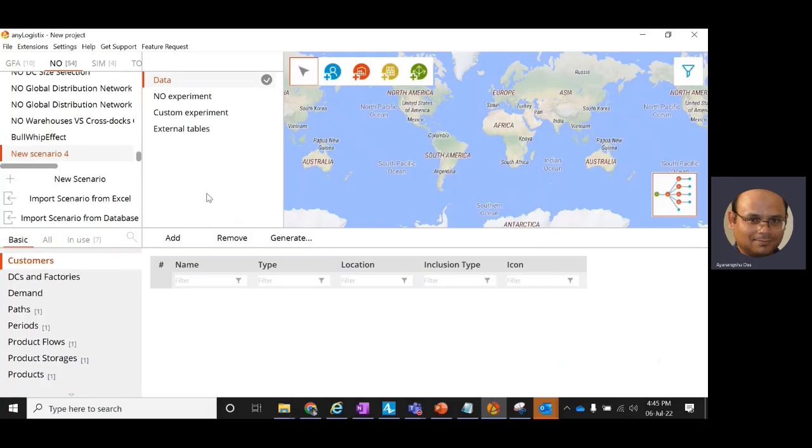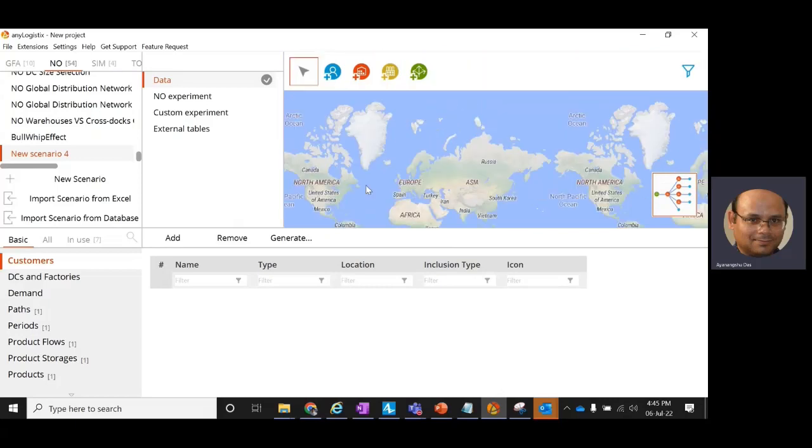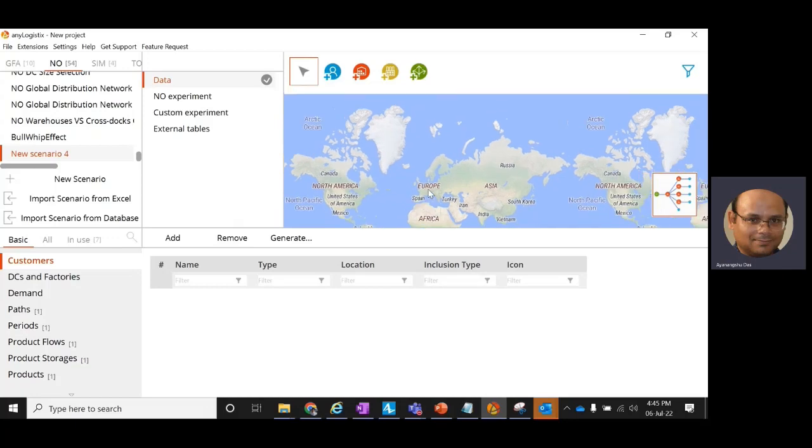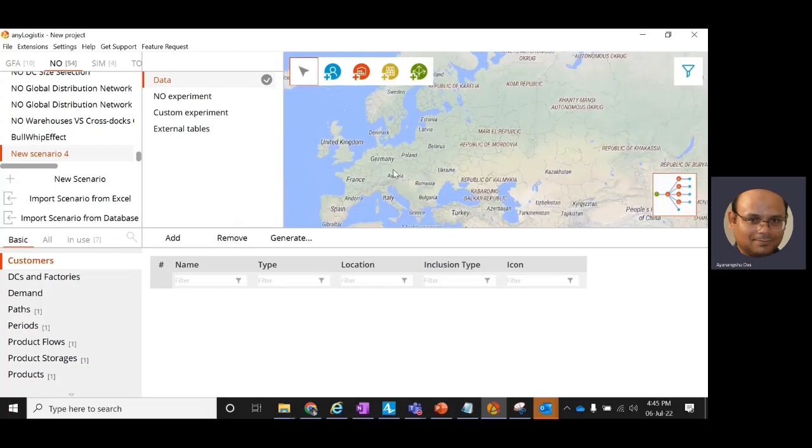And then we have on the right-hand side the GIS map, which you can drag to the site that we want, and then we can zoom in and out of those particular regions.